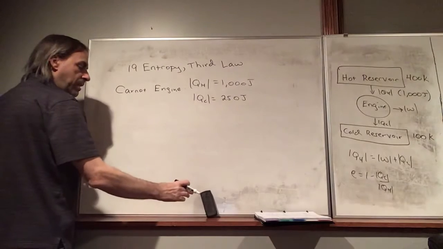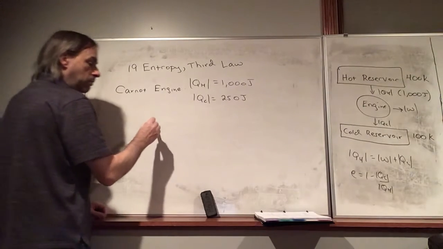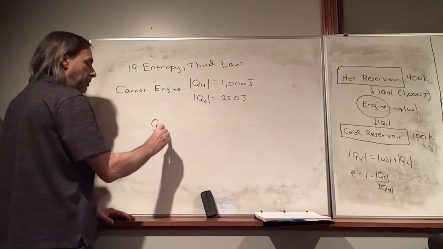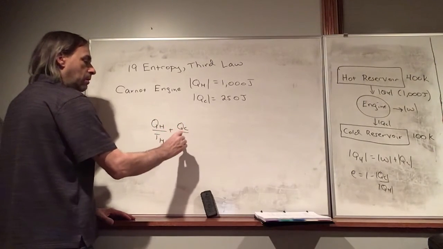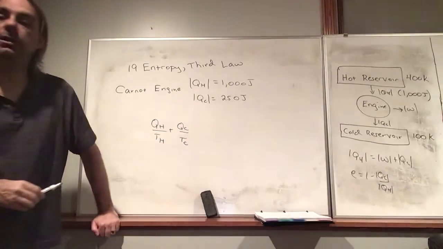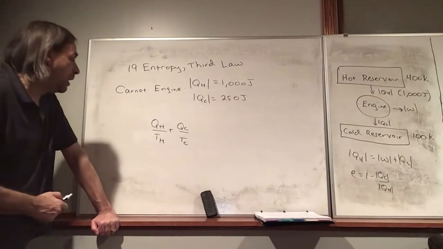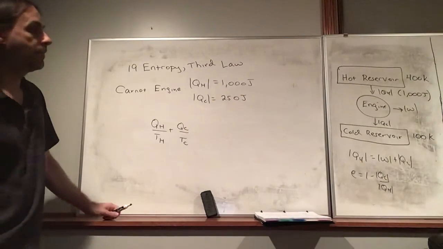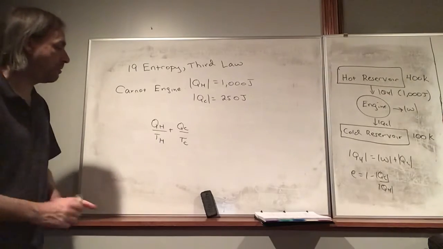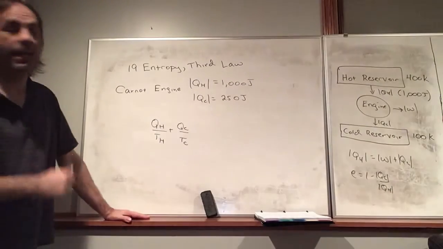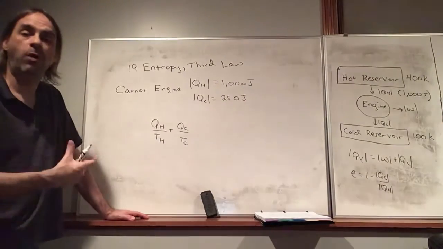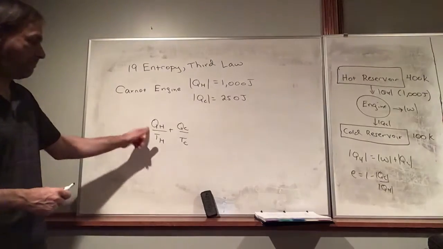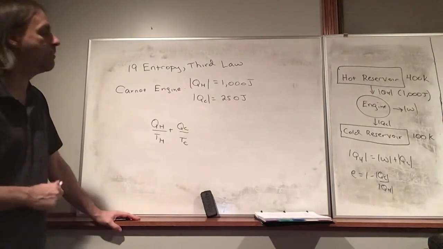And what I want to do is calculate QH over TH plus QC over TC. Now, notice I did not put absolute values on this. Normally we put absolute values on the Q and the heats, but in this case we actually want to look at the direction it's going. We want to take into account the plus and minus though.